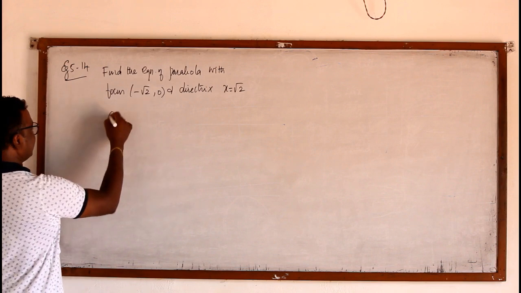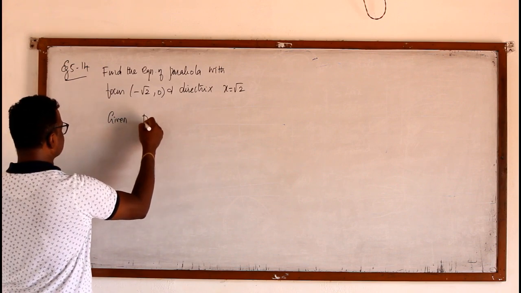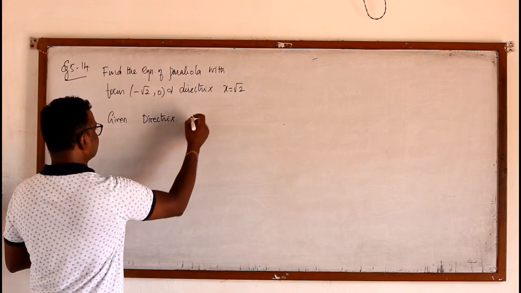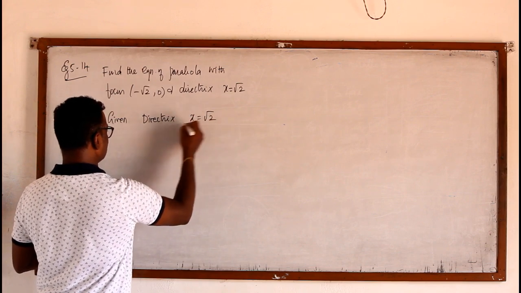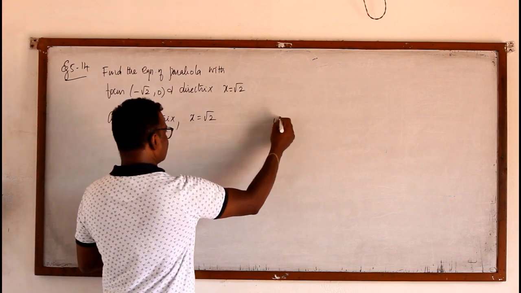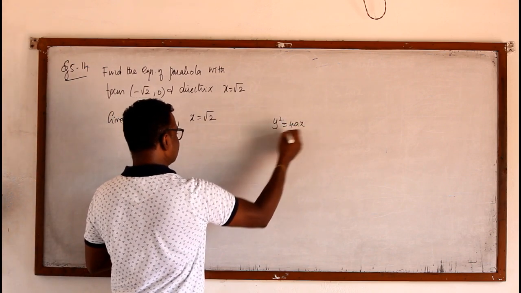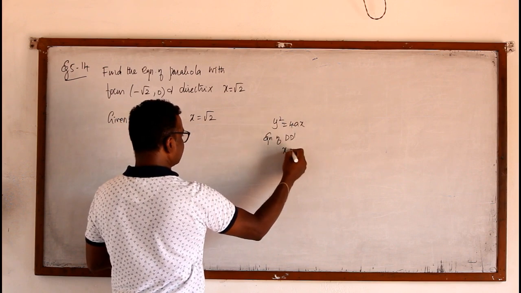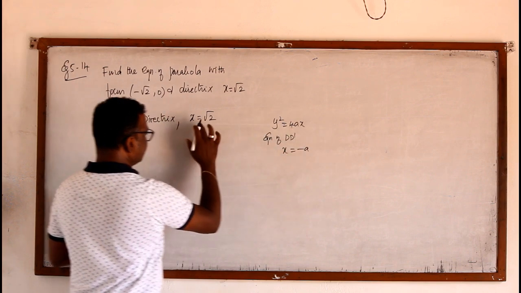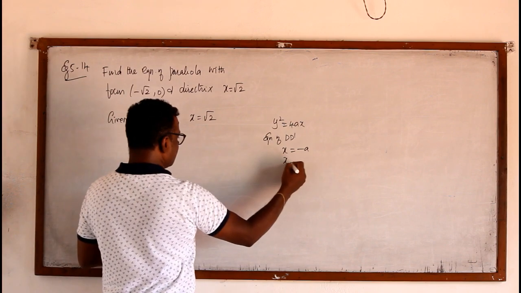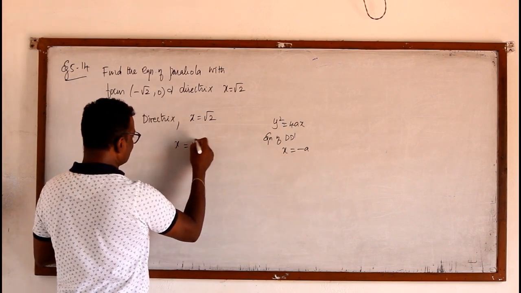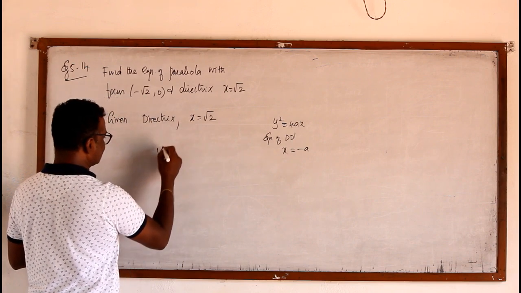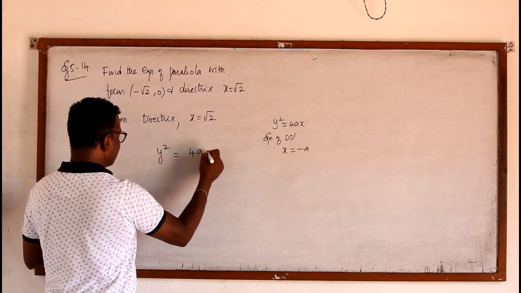Now listen here, the given directrix equation is x equal to root 2. Remember, when y square equal to 4ax, the equation of the directrix is x equal to minus a. Here x equal to plus a, isn't it? So root 2 is positive, that means it will start with y square and 4ax.